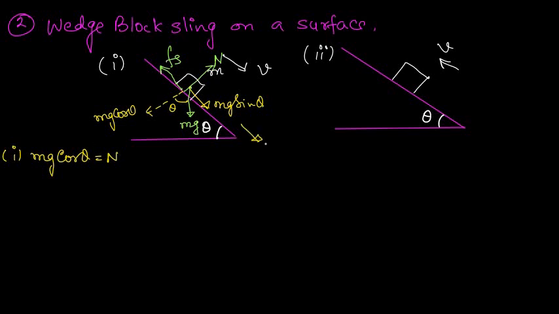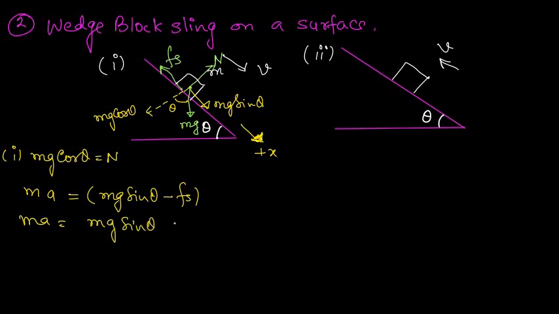If I consider this direction as the plus x direction, then ma, because it is moving downward, is the net force, that is mg sine theta minus fs, acting on this block in the x direction. So m times a is equal to mg sine theta minus mu times the normal.